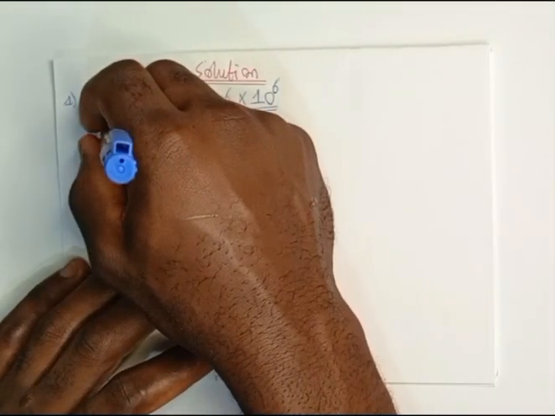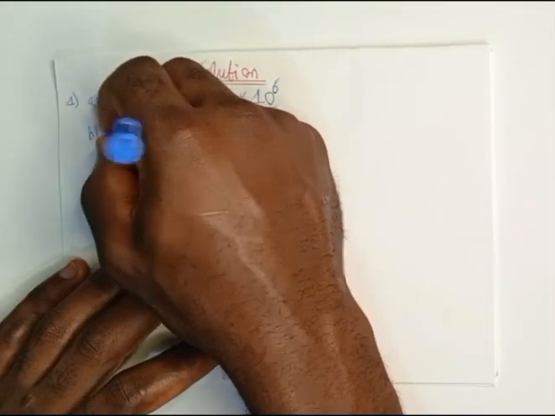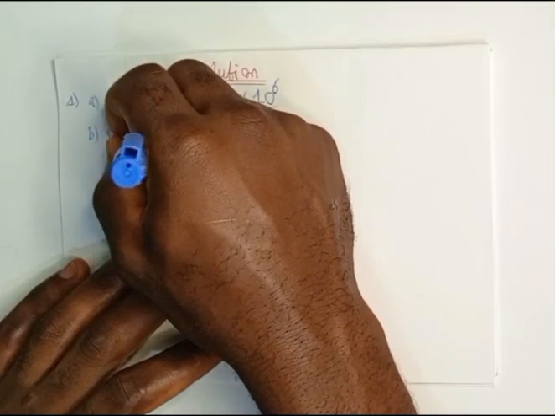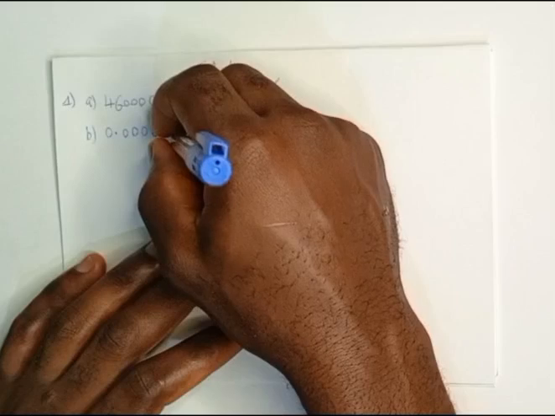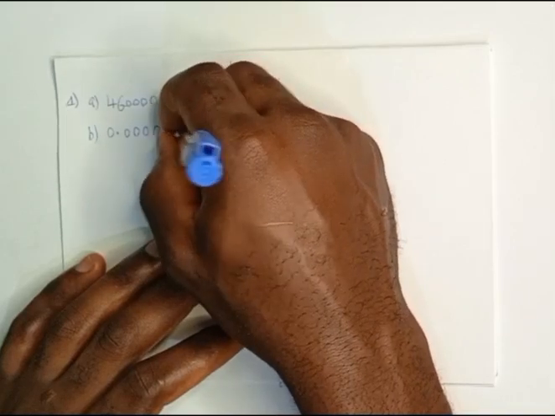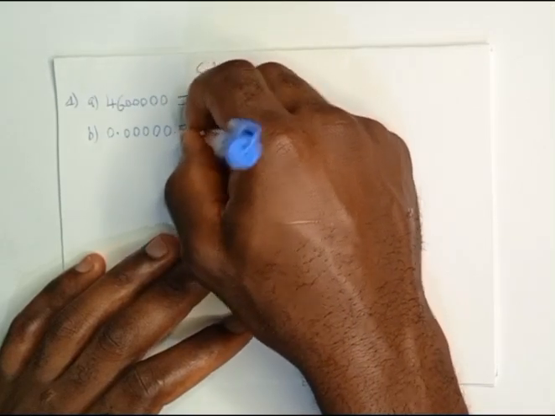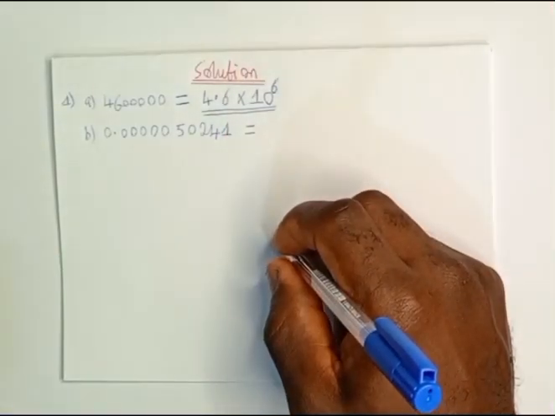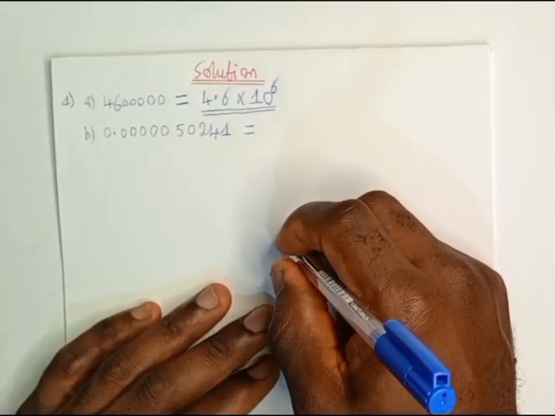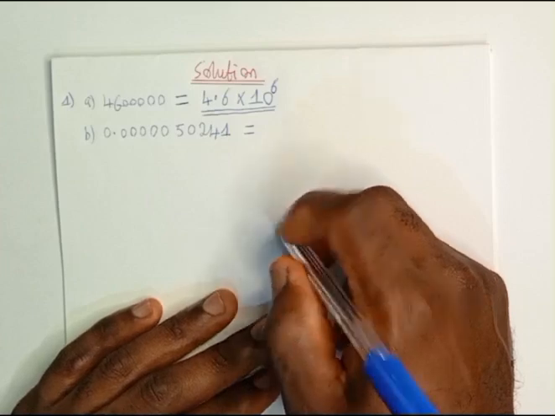For B, we have the number 0.00000500241. In standard form, it will simply be equal to, we are going to fix a decimal point after the first non-zero digit.